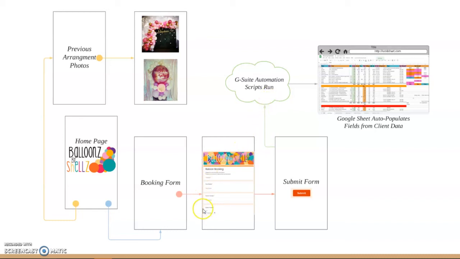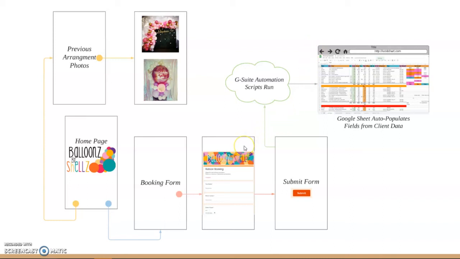Whatever the client enters here goes to the cloud and then into her Google Sheet that organizes and puts everything in their respective areas. Now, this is an actual screenshot of her Google Sheet. She's very colorful. And that's awesome because everyone has different organizational methods.